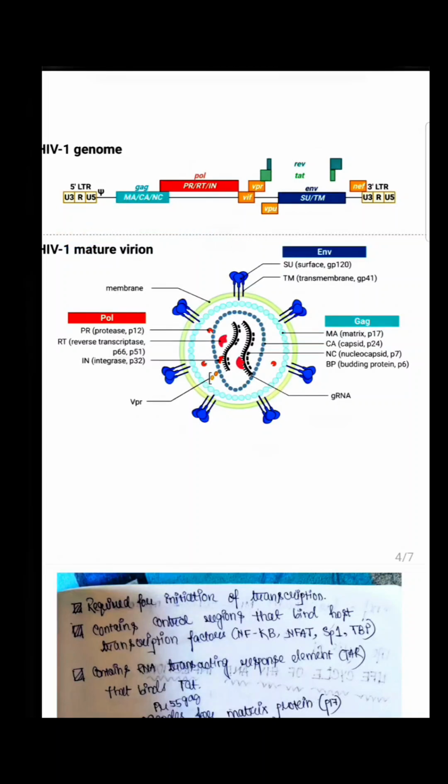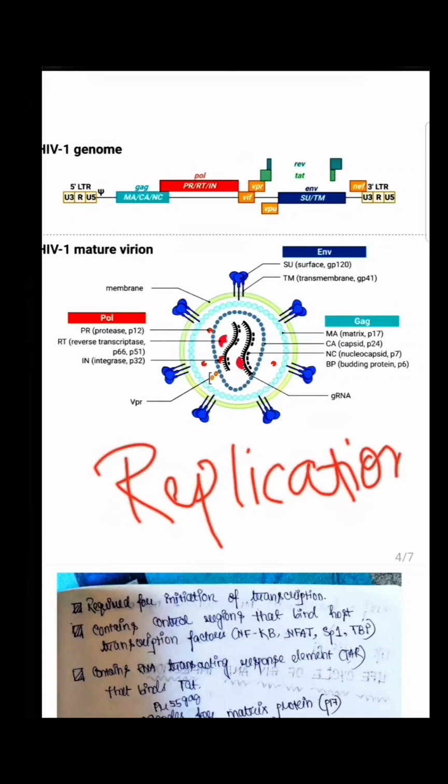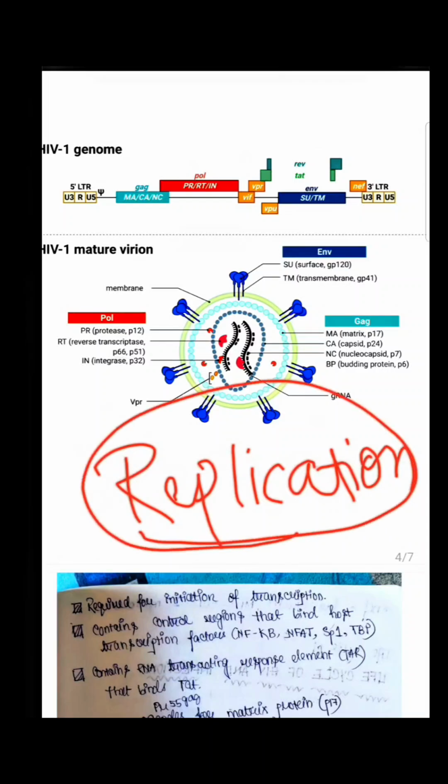We have the VPR gene. What does the VPR gene do? The VPR gene helps in replication amplification. There will be much more replication of HIV RNA.